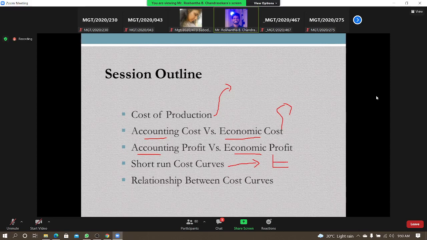Total fixed cost, total variable cost, total cost, and different types of average costs also.